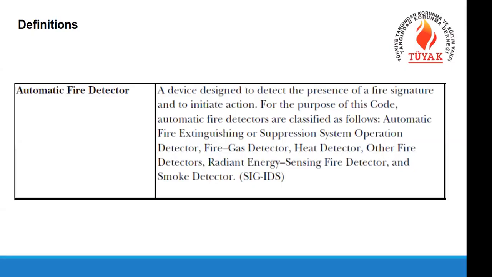So we can use these devices either to get an alarm to inform the residents or users of a building that there is a fire, so you will hear an alarm, or you will activate some systems that I will show you in the next slides. You can activate these systems automatically or manually.